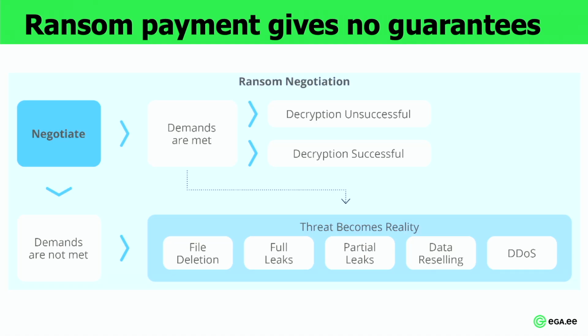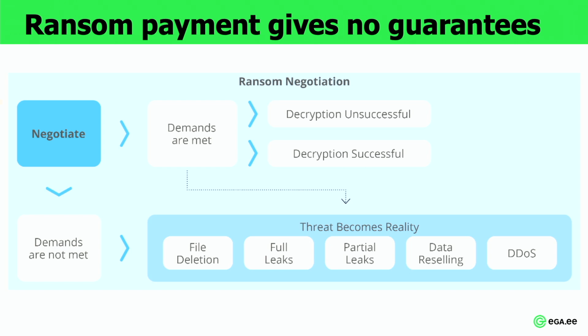When we talk about ransomware attacks, at some point there is time to negotiate. What it means is whether you pay the ransom or you don't. Let's look at what happens if you decide to pay.